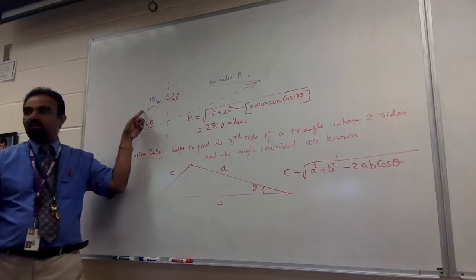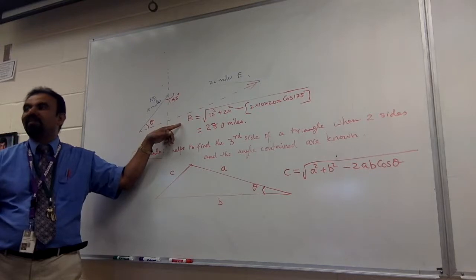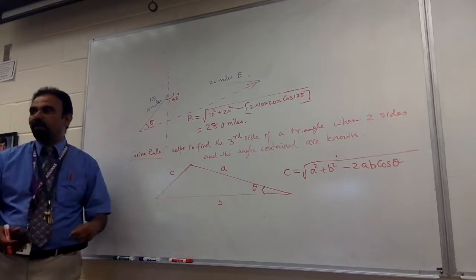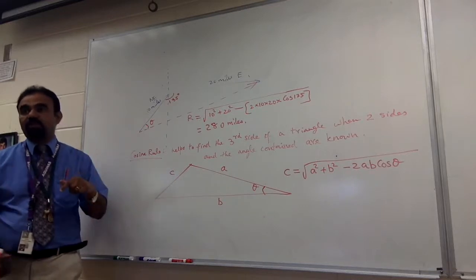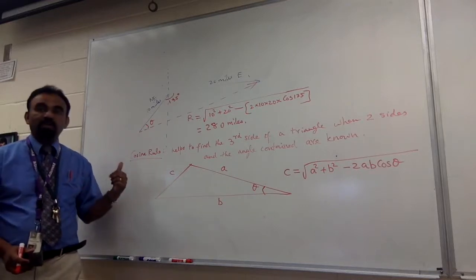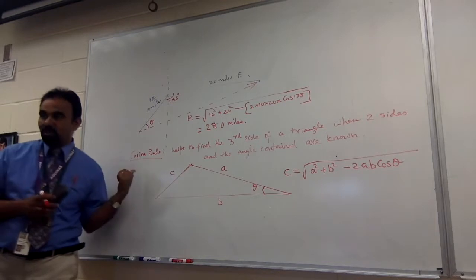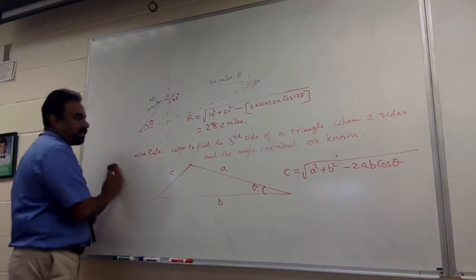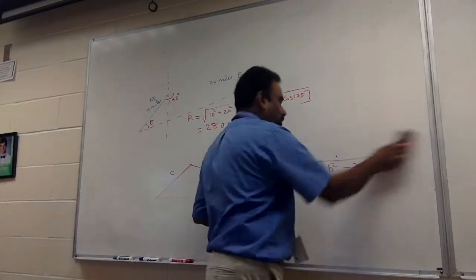So you're basically going to use these two sides and then solve for this, three sides, and then work backwards to find the angle. But there's another way to do it. The other one is known as the sine rule. This is the cosine rule. The other one is called the sine rule. Let me draw and help you to get the sine rule part of it.